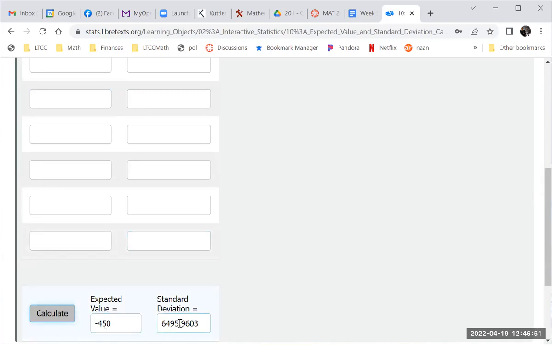Okay, and I'm not going to type this all out because we only have so much time, but I'm going to say it. The expected value is negative 450. Units again are in dollars on this particular one. They won't always be in dollars, but these examples were.